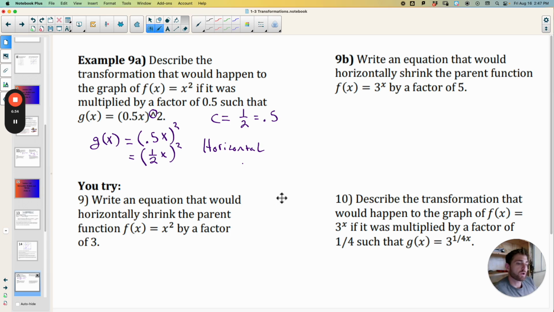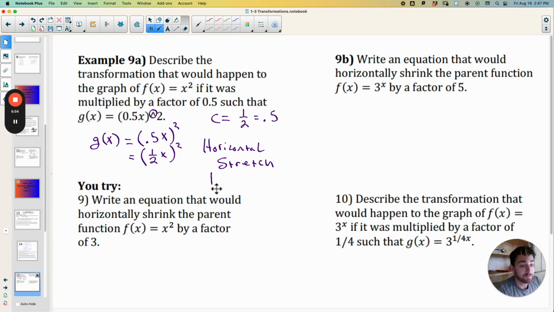Okay, so the question is, is it a stretch or is it a compression? When that number is between 0 and 1, that's going to take your values of x and actually stretch them out. So that's a horizontal stretch.